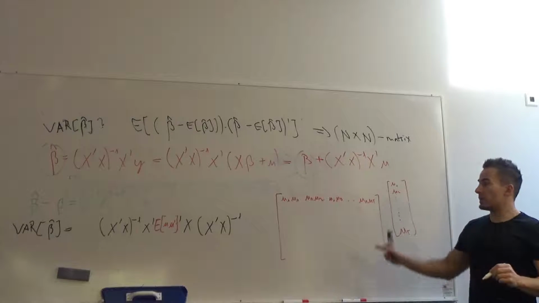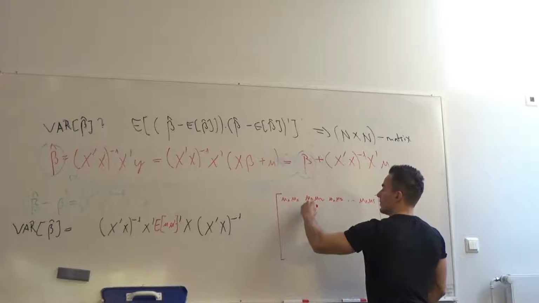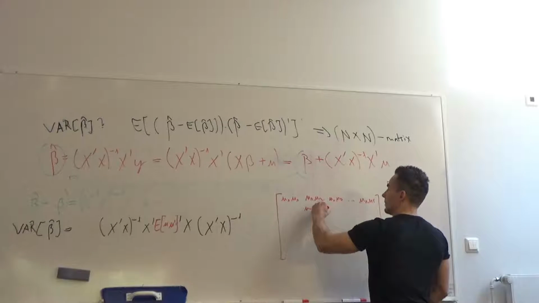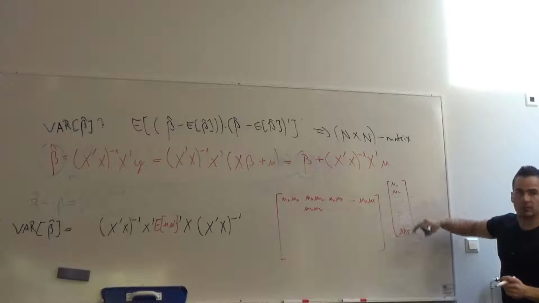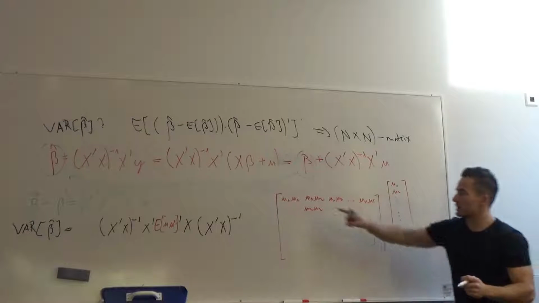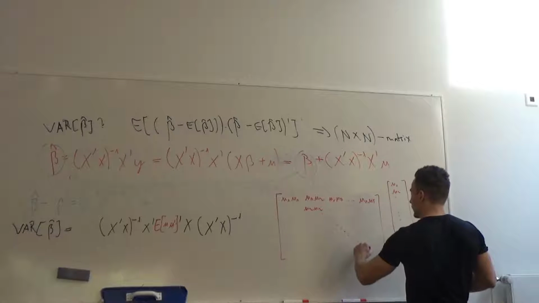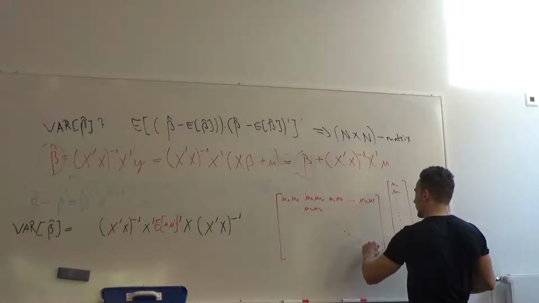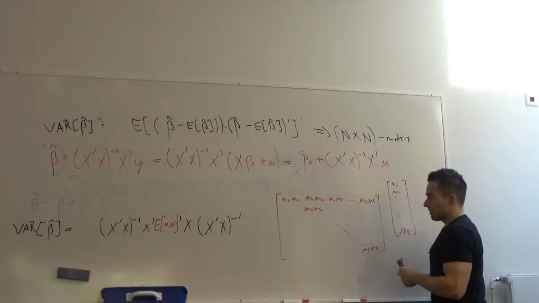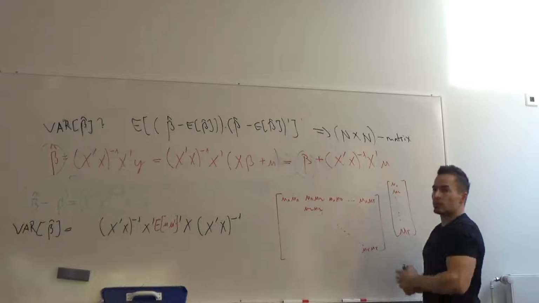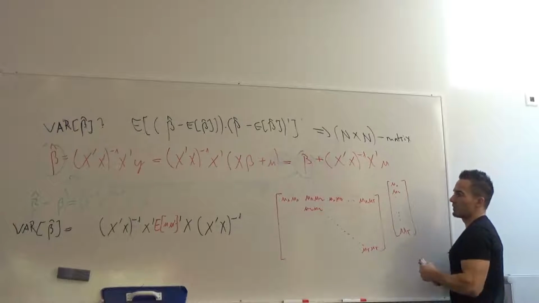This matrix is symmetric. So on the main diagonal, we have all these guys squared. The last one here is uT times uT. It's the covariance matrix of our errors, of our residuals, and this covariance matrix is symmetric.